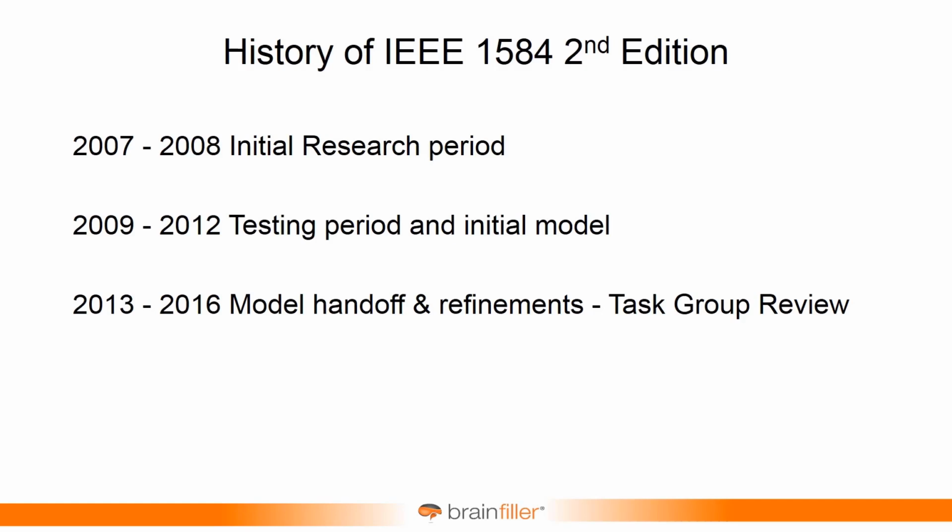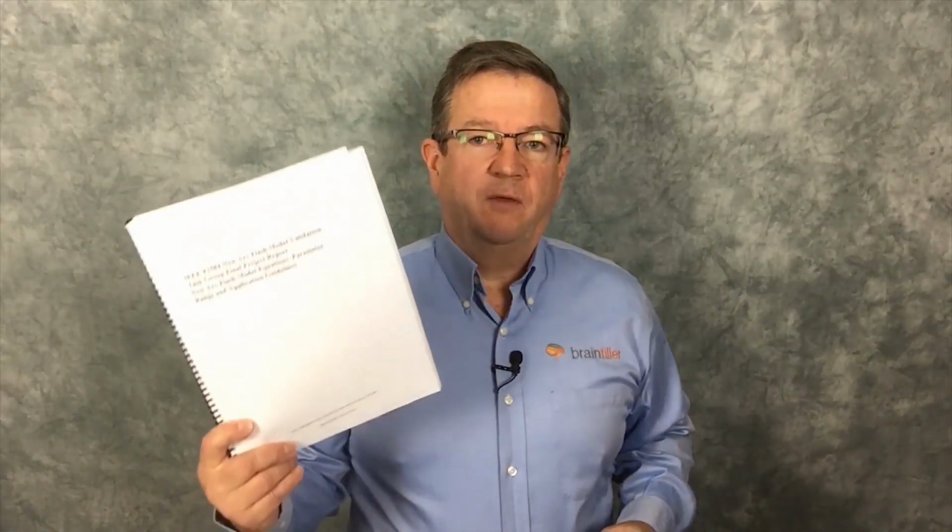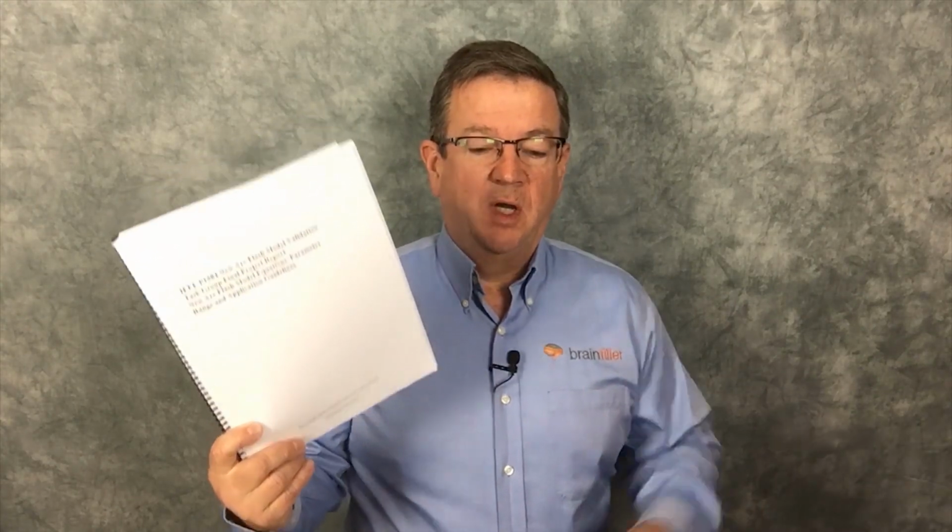And the working group put together a task team, and they would review the equations and make some refinements, make some adjustments, and ultimately this led to the final report from the task group within IEEE 1584. And this has a lot of their work and tests and so forth. Quite a bit of work went into this.